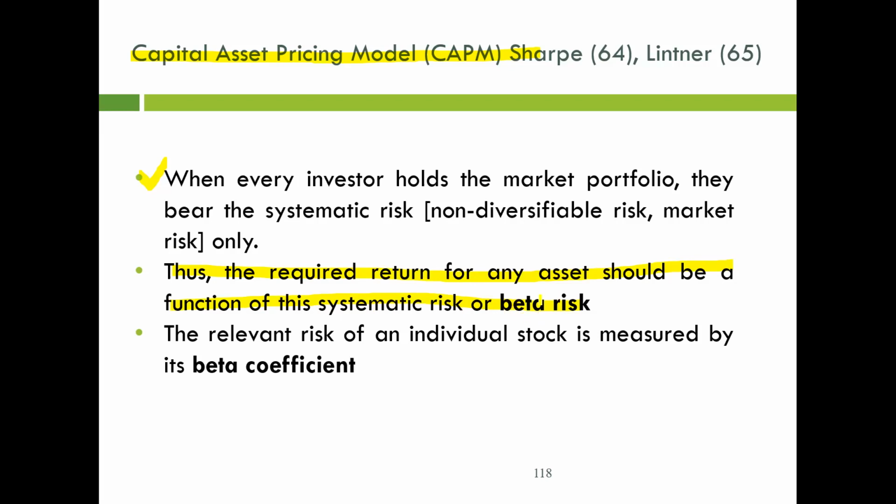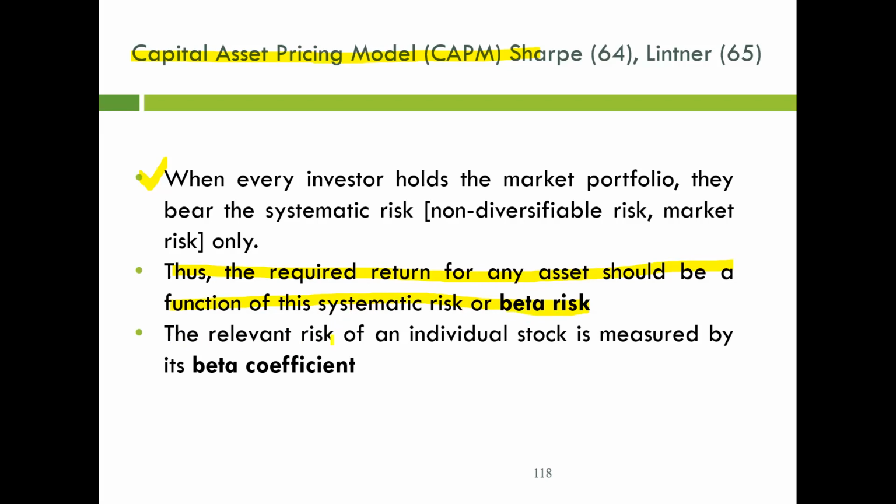Now you are facing a new term, because we measure systematic risk using beta. Some textbooks say beta risk, market risk and systematic risk are used interchangeably, right? So the required return for any asset should be a function of this systematic risk.